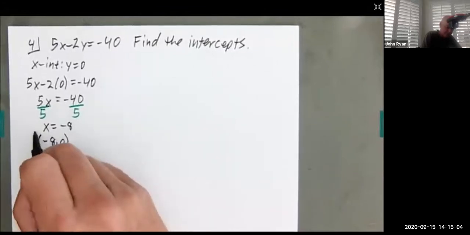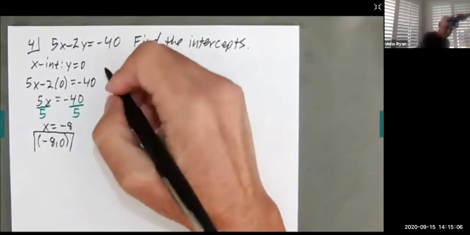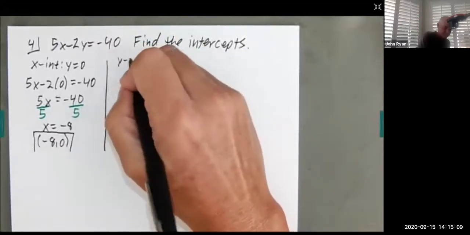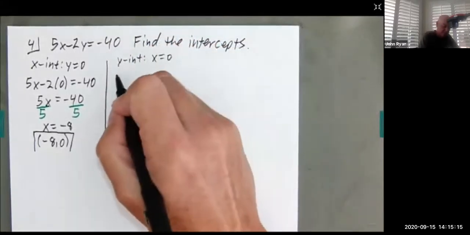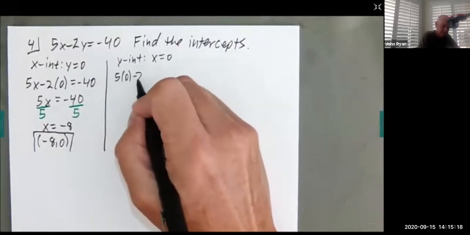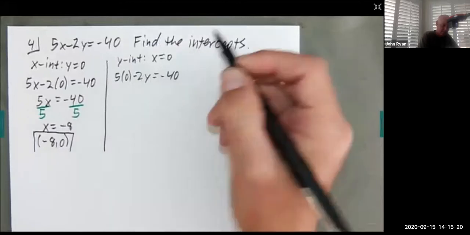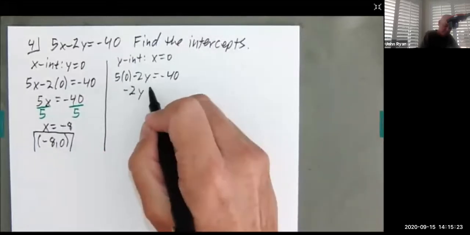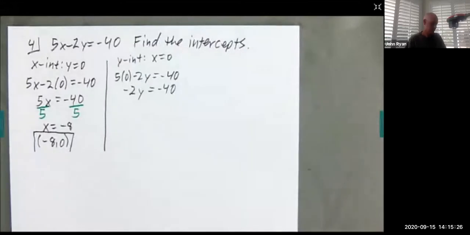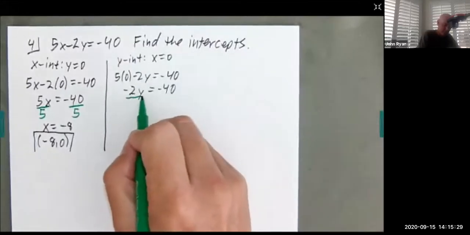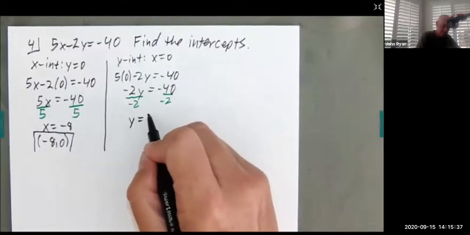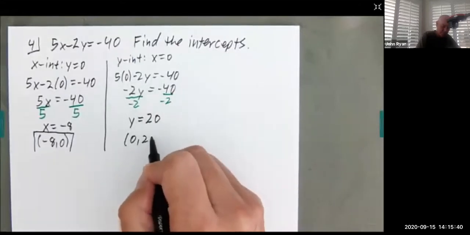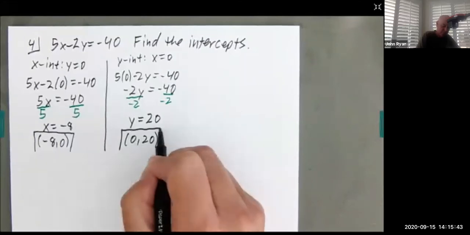So here's the x-intercept. On the y-intercept, we need to set x equal to 0. There is my y-intercept.